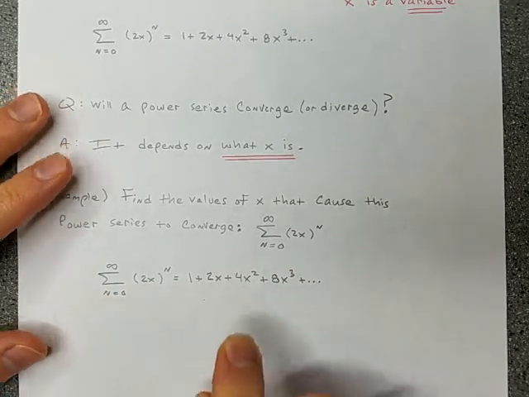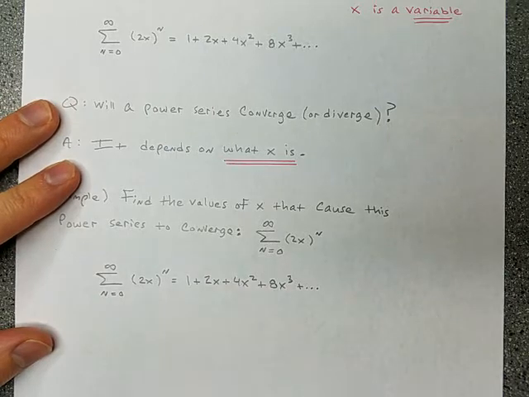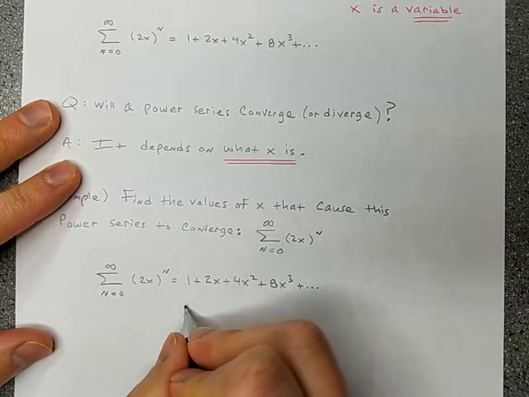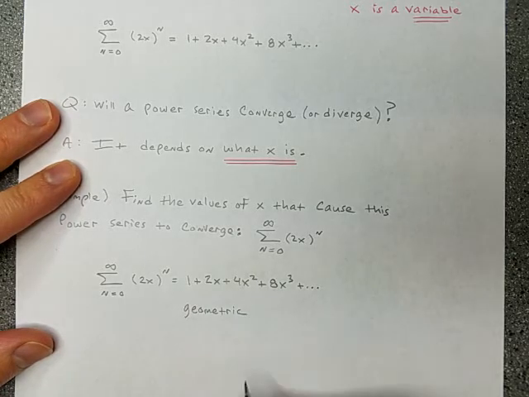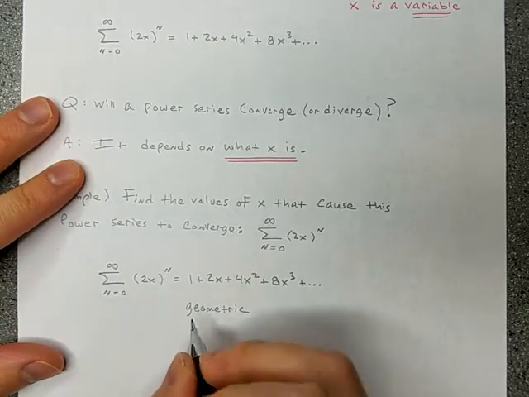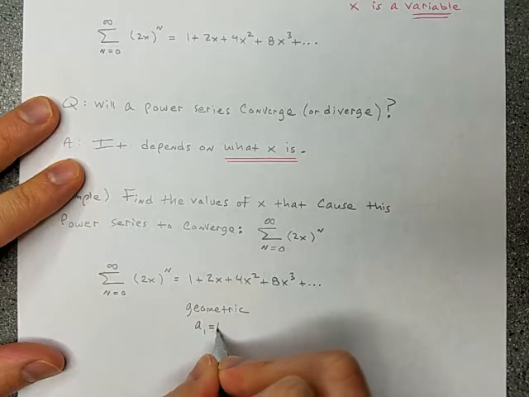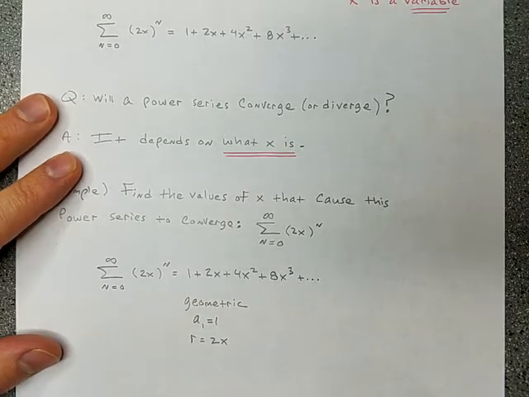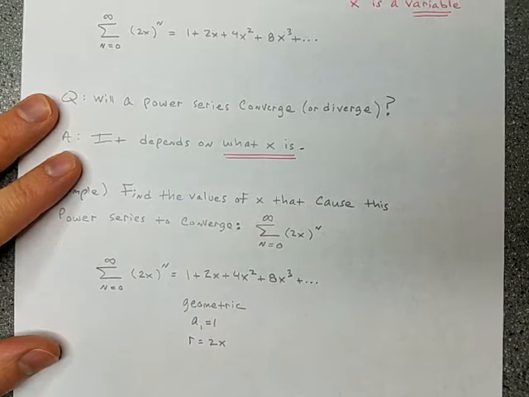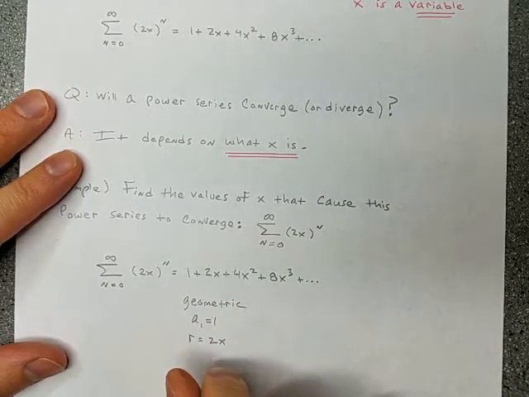And what I notice about this particular power series is that it's geometric. Okay? It has a first term of 1, and it has r to be 2x. It's true that the first term is 1, and if you take 2x times any term, you get the next term.